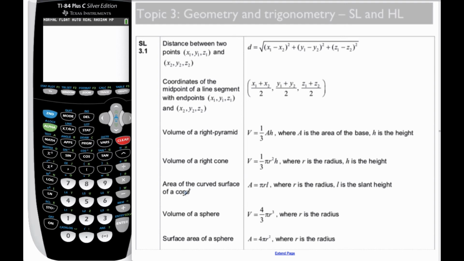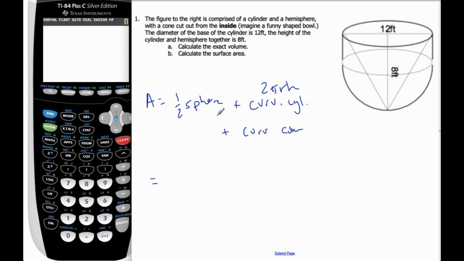The area of the curved surface of the cone is πrl, and the surface area of a whole sphere is 4πr². We're looking for a half sphere, so that's going to be half of it, 2πr². So half the sphere is 2πr², and the curved cone is πrl, where l is this slant height.